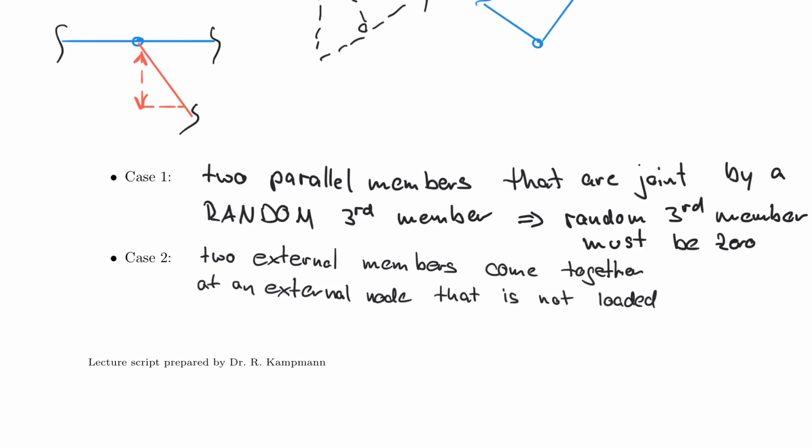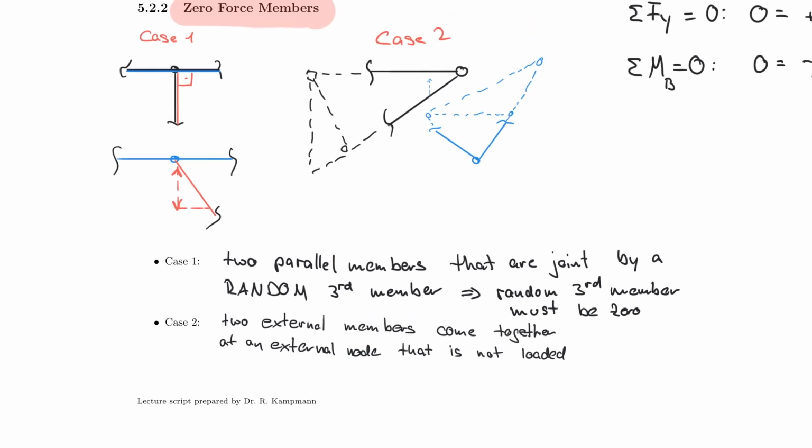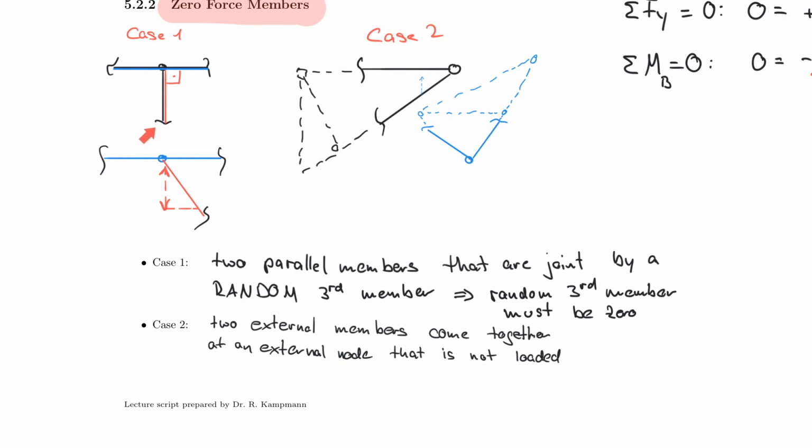So those are my 2 cases. I have first the case number 1, which was discussed up here. Let's look at that again. Case number 1 is 2 parallel members that are joined by a random third one. And case number 2 is any 2 external members that come together at one joint.